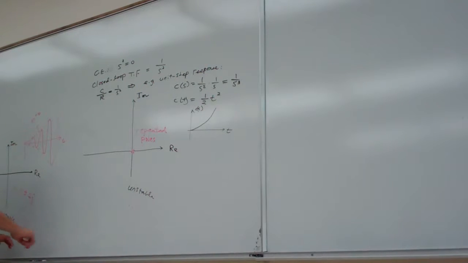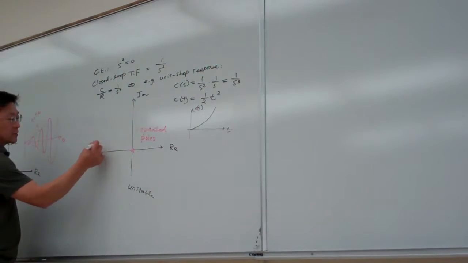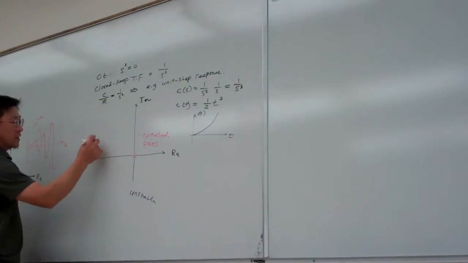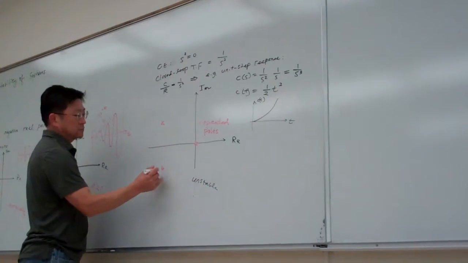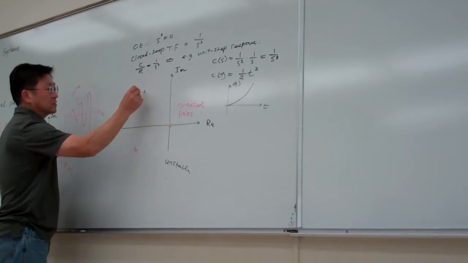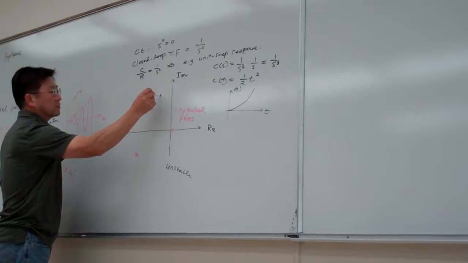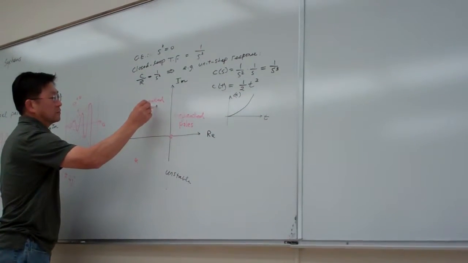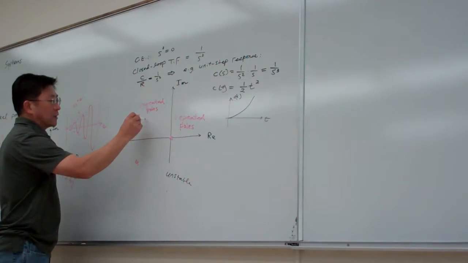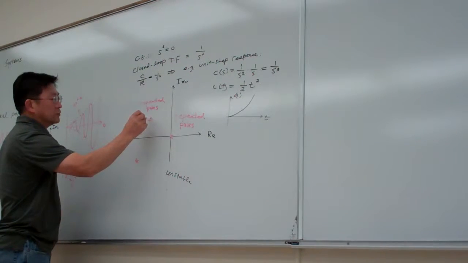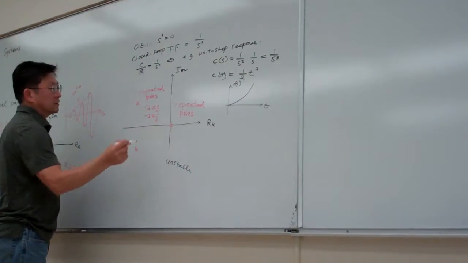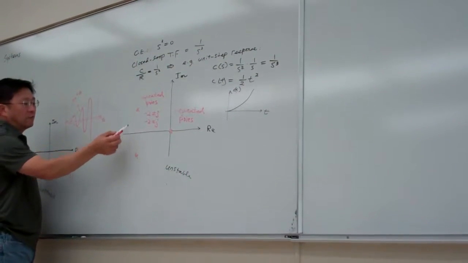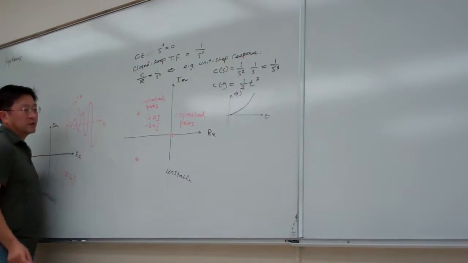For another example, we have repeated poles here, for example minus 2 plus j and minus 2 minus j, each repeated. So here we have 4 poles, and they are basically repeated.